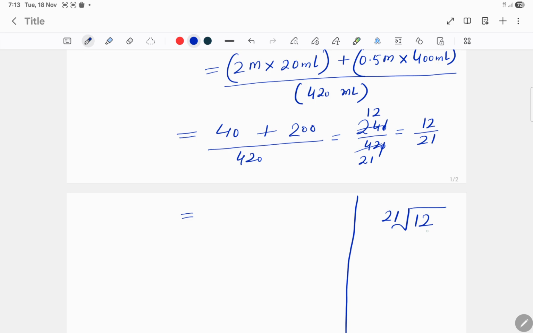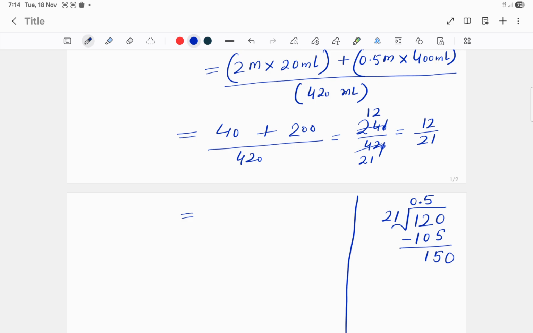As we know, 12 is a smaller number as compared to 21, so we add one 0 over here, and a decimal is added over here. 21 fives are approximately equal, because if we take 6, 21 sixes is going to be a quite bigger number. 21 fives are 105. We subtract it, and it is going to be 15. Once again, 15 is less than 21, so we add a 0.